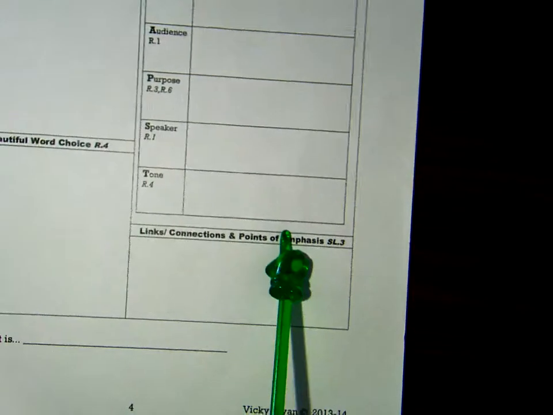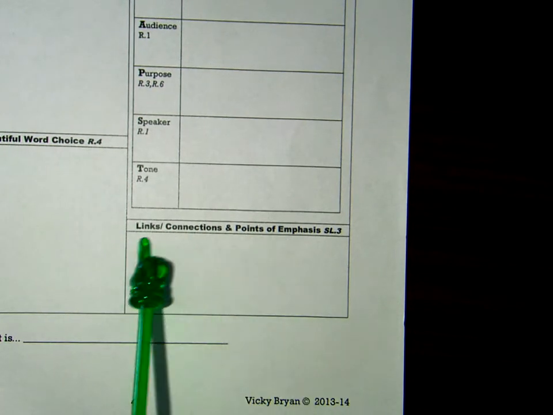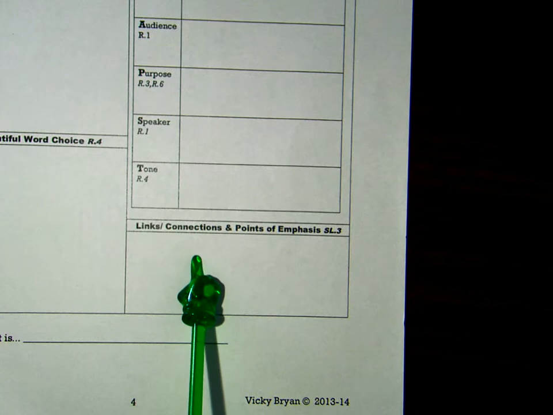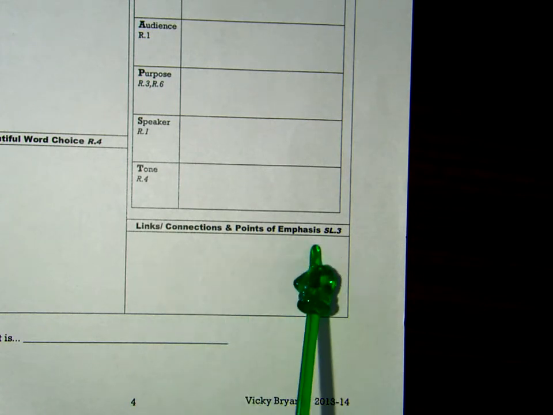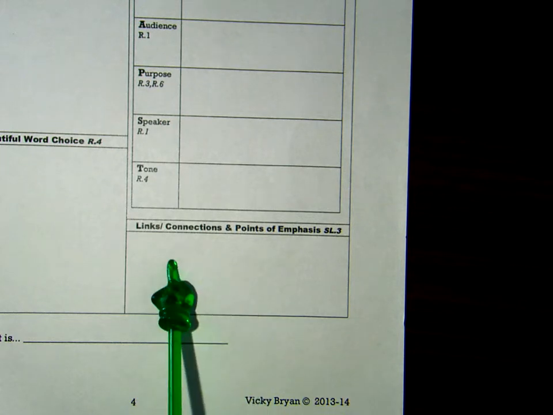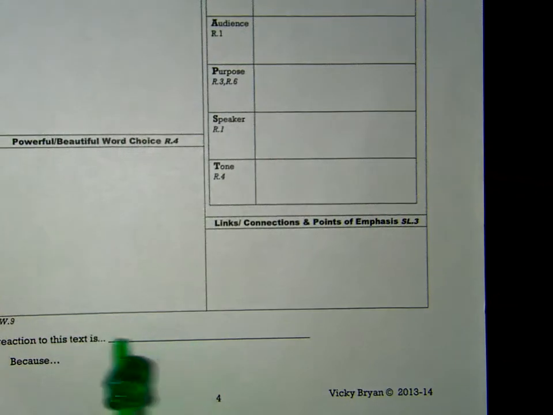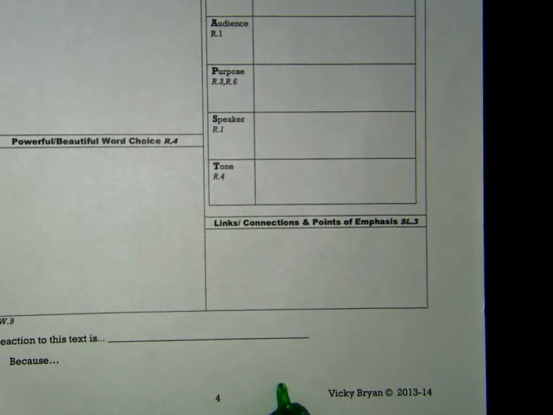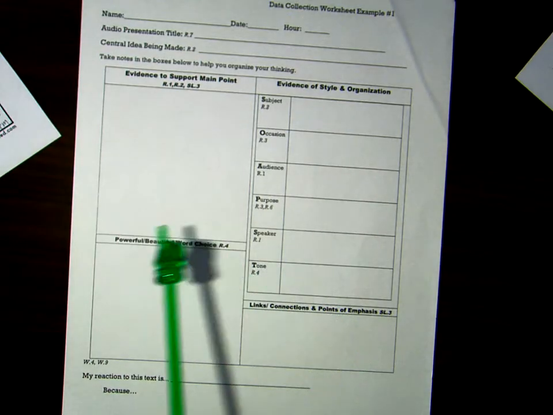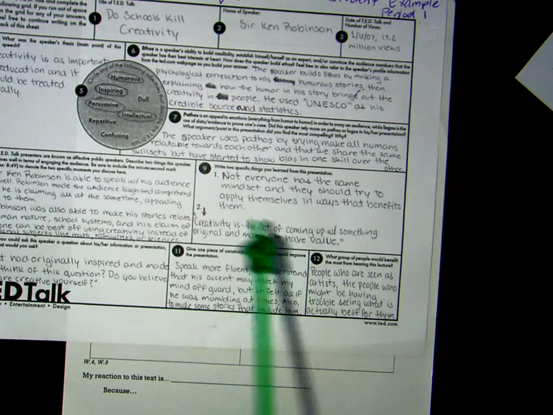And then in this last box, links, connections, and points of emphasis, you want to write down, can you connect these ideas or this presentation to other things? Are there any points of emphasis that you want to stick out or particularly look at? And then you're going to lastly write down your reaction to the article and fill this up at the bottom. So this is another one. In either way, you want to make sure that your answers are nice and full for full credit.